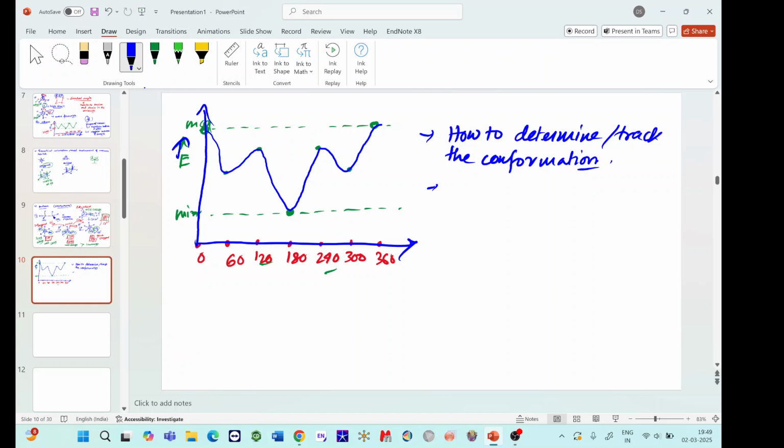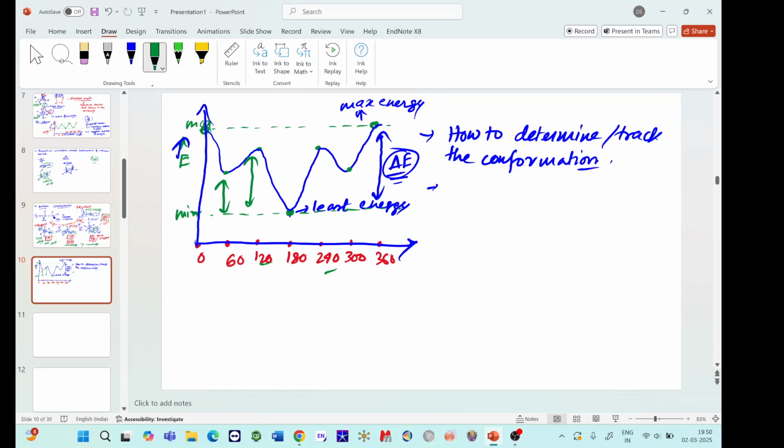So all of these structures have a definite energy. So this is the least energy, this is the maximum energy. But you have an energy gap between them. It's called delta E, energy gap. So you can see between the most energetic form and the least energy form, you have maximum delta E, maximum change of energy. But if you consider this one, this is not that much, even this is very less.